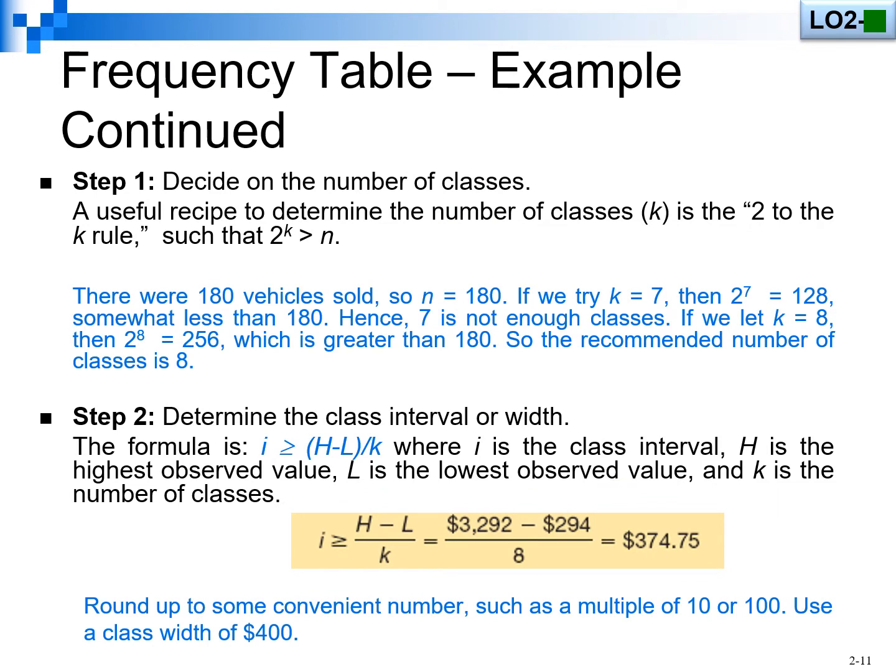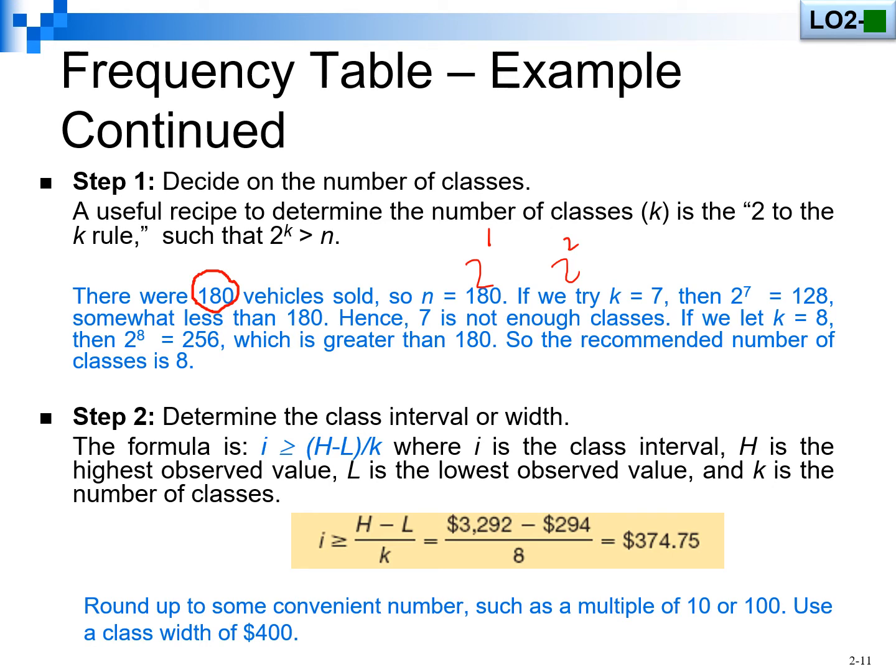One of the first things you do is figure out exactly how many classes you would need. One of the little tricks is a formula where you take 2 to the k greater than n, where n represents the number of vehicles that were sold. This is basically trial and error: you'd go 2 to the 1, 2 to the 2, and keep going until you get just past the 180.